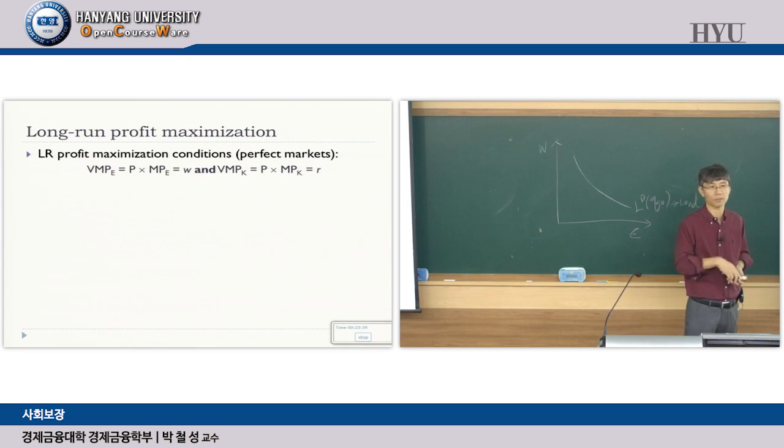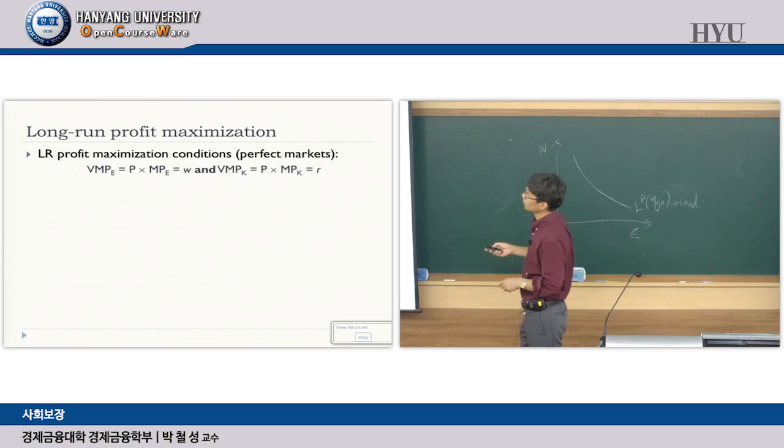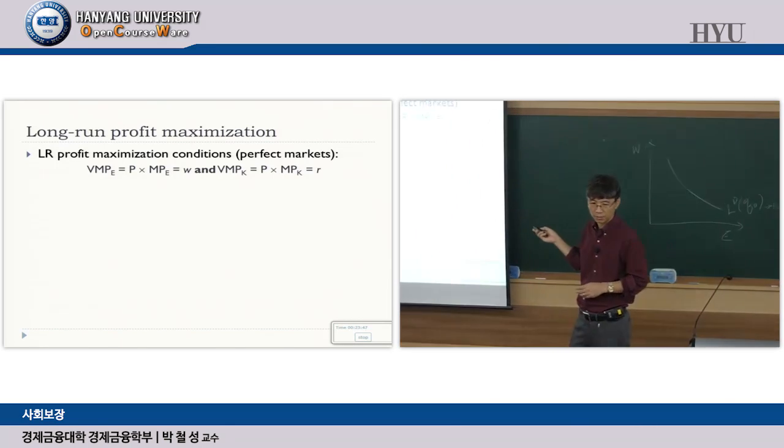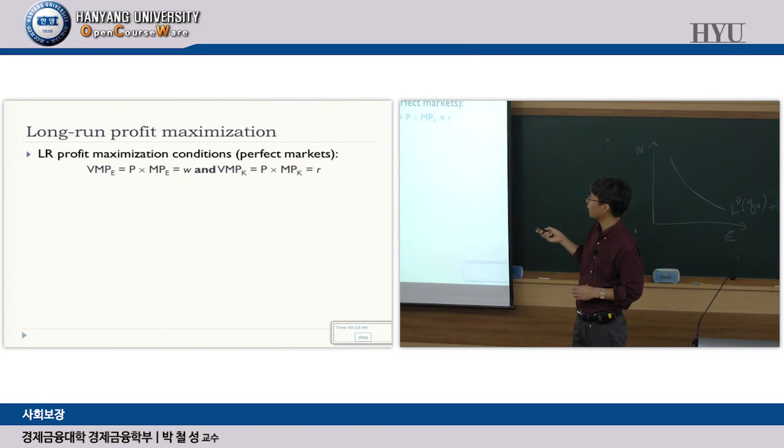But anyway, it's still the same. You have basically simultaneous equations of more things. Okay. So this is the long-run profit maximization condition. So if the firm finds the combination of capital and labor that satisfies these two conditions at the same time, that would be the profit maximizing level of capital and labor.